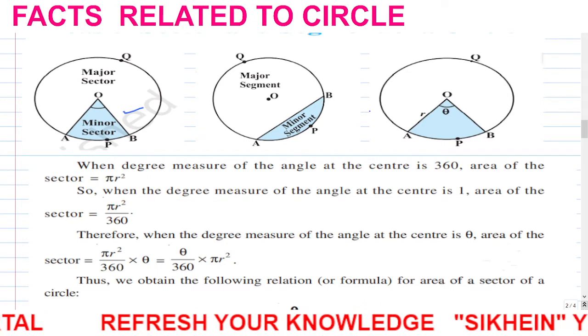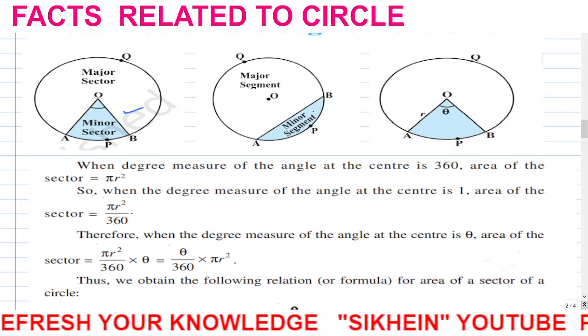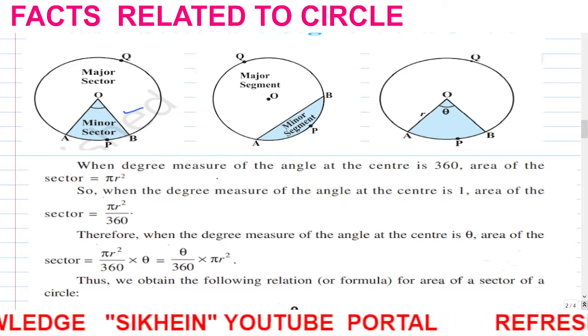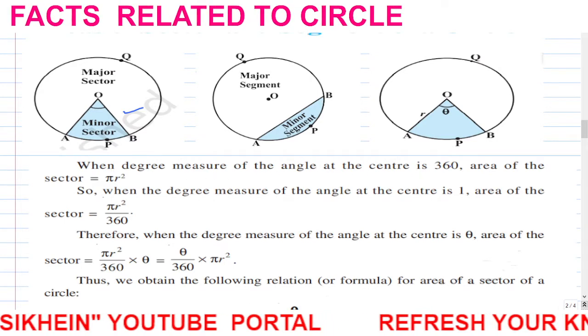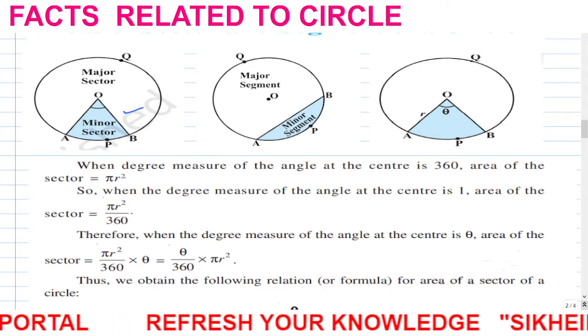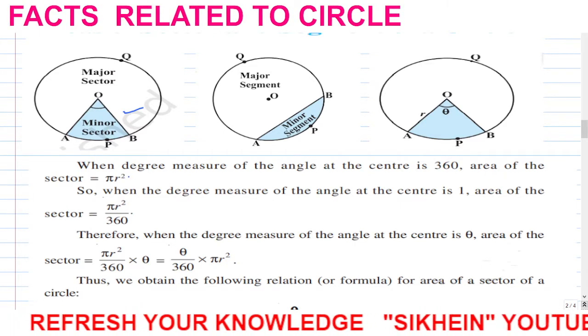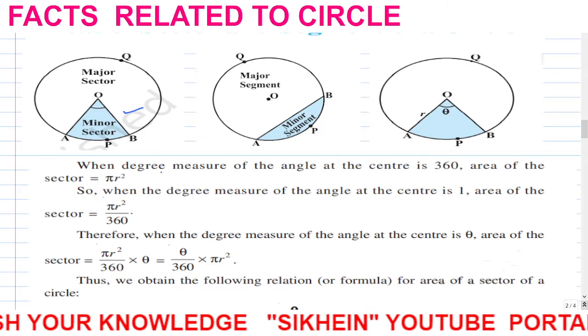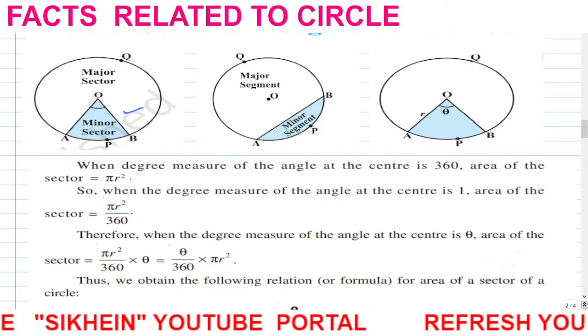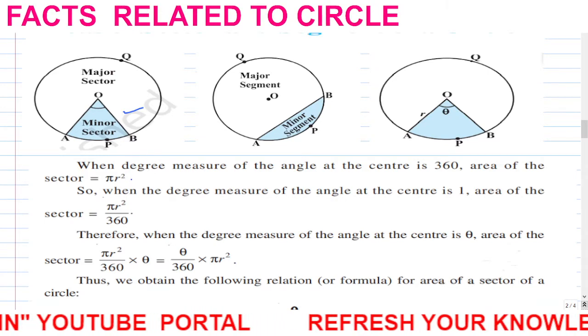These three circles are telling us something here. When the degree measure of the angle at the center is 360 degrees, the area of the sector is pi r square, which is also the area of the circle.